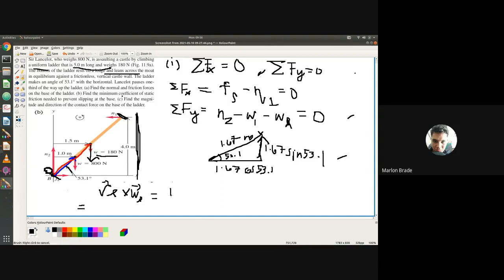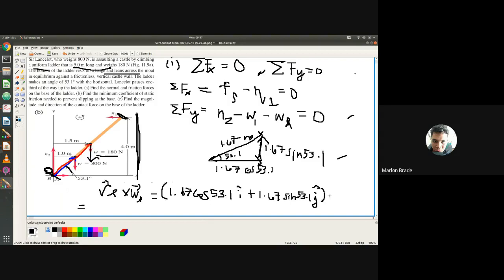So, nakoy 1.67 cosine 53.1 i hat. This is a vector ha. Plus 1.67 sine 53.1. This is j hat.